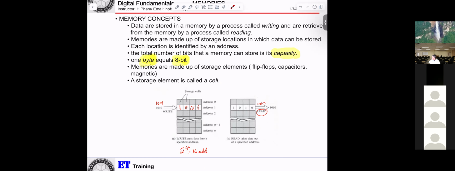And this one will be a read. That means you want to go into location 1 to get the data. That's what you call read. Okay? When you read, what comes out will be 1010.